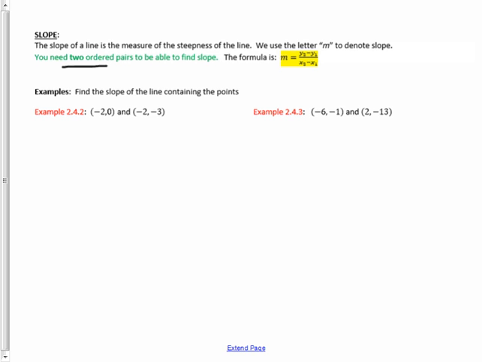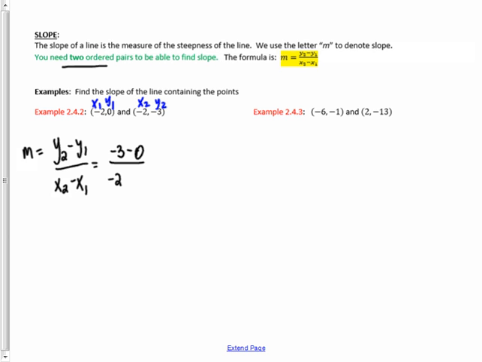On the next 2 examples, I just said find the slope. So I gave you your 2 ordered pairs. What you want to do is label them. Call this one x1, y1, and this one x2, y2, and then this is a simple plug and chug formula. Slope is y2 minus y1 over x2 minus x1. So let's plug in. Y2 is a negative 3 minus y1 is 0.